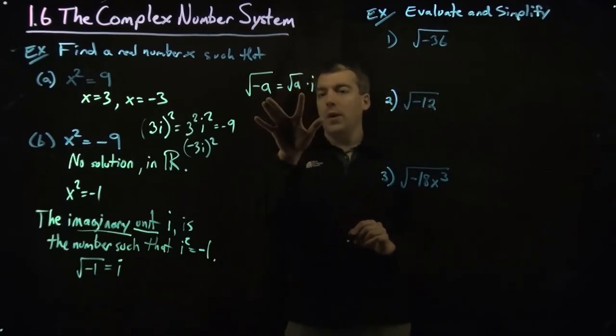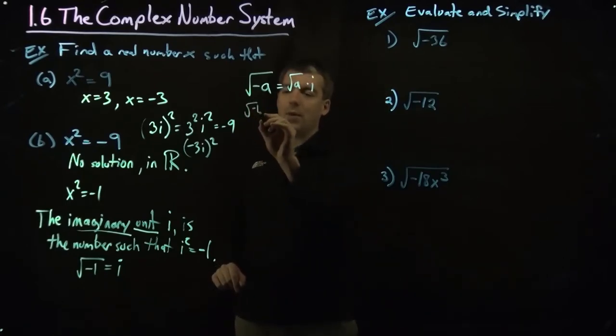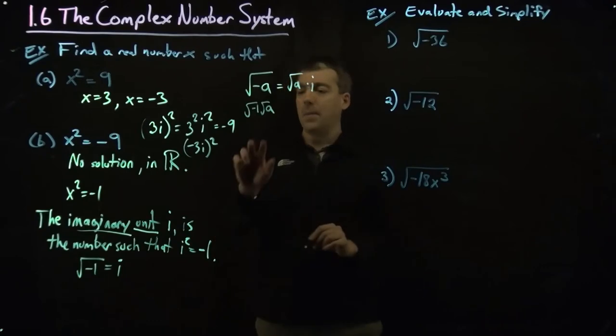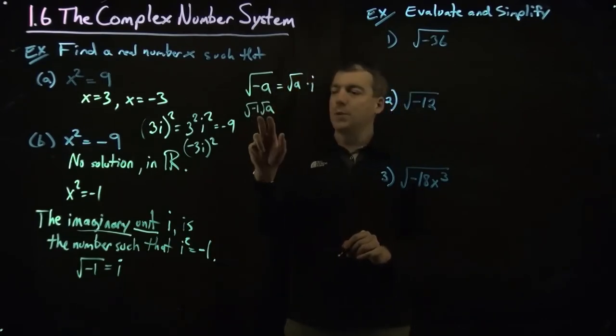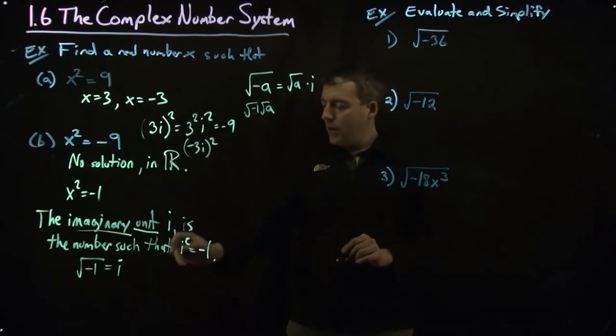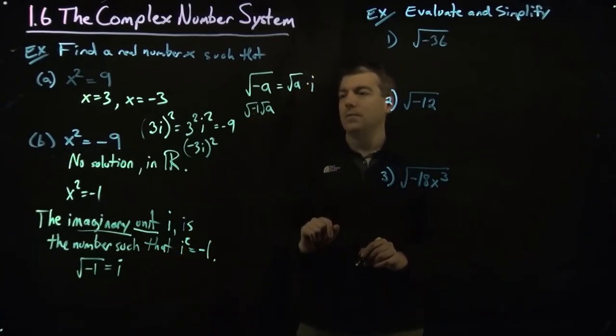And the way we simplify this is to write it as the square root of negative 1 times the square root of a. This is just a property of square roots. The square root of negative 1, that's the i, and then the square root of a is left over.